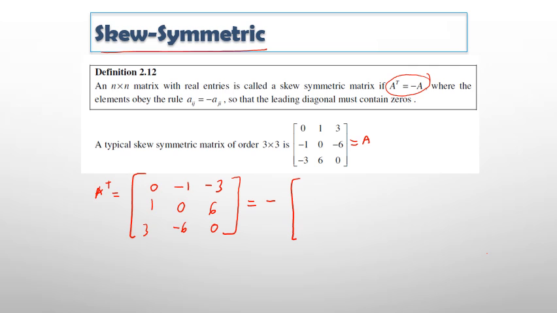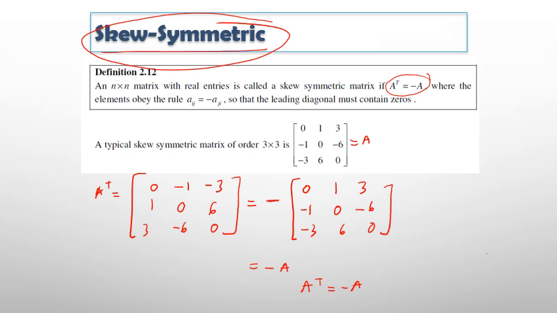When we take out the negative 1, it's 0, 1, 3, negative 1, 0, negative 6, negative 3, 6, 0. So this is exactly the same as A. So this equals negative A. Since A transpose equals negative A, this is a skew-symmetric matrix. So that's it.